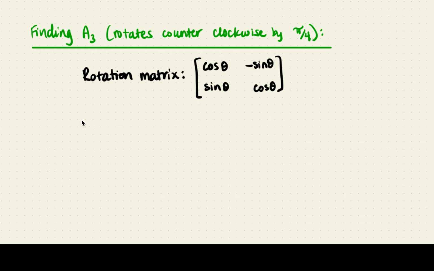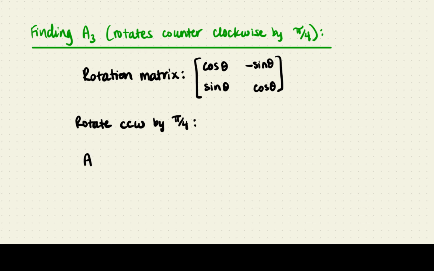So if we want to rotate counterclockwise, CCW is my abbreviation for counterclockwise, by pi over 4, then I would just plug in pi over 4 for each value of theta.